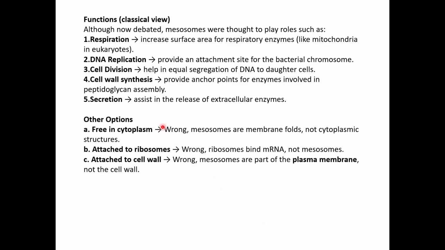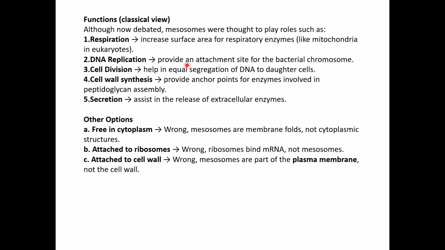And functions, the classical view of mesosome functions is, however, debatable, but mesosomes were thought to play roles such as respiration, DNA replication, cell division, cell wall synthesis, secretion, etc. In case of respiration, it is thought that they help in increasing the surface area for the respiratory enzymes, like in mitochondria.